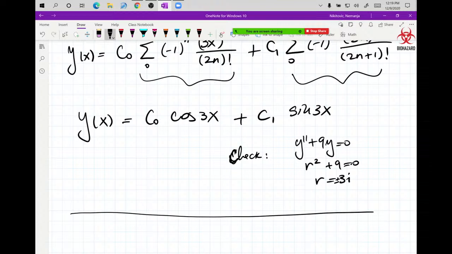In many cases, you can't even make a function out of it. You just leave it as a power series, which is fine, right? Your solution would be, in that case, a polynomial. Rejoice, right? You won in life because you have a polynomial, which is the answer to your differential equation. Well, that's easier to compute than exponential, trig, or hyperbolic functions, right? It's easier to compute a polynomial.